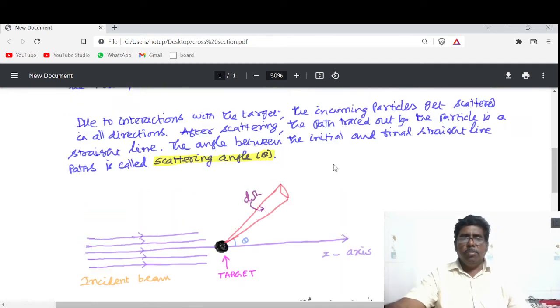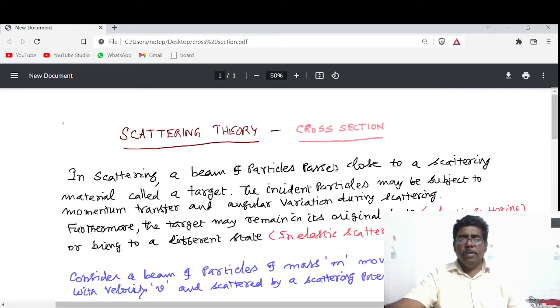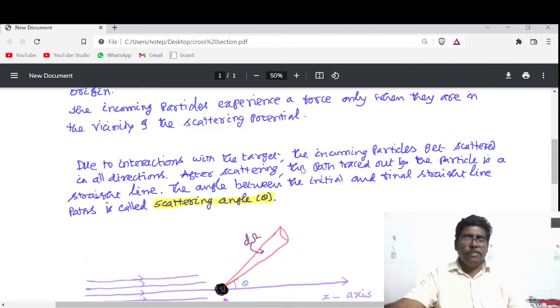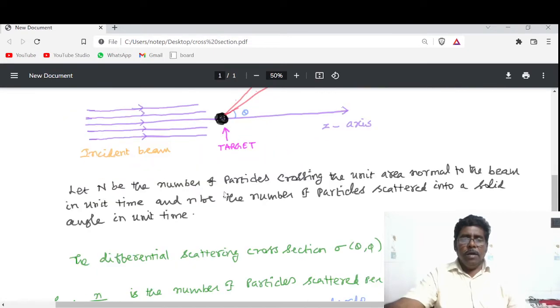To understand more about the term scattering cross section, we should consider a number of particles crossing unit area normal to the beam in unit time, and among the capital N number of particles, small n be the number of particles scattered into a solid angle in unit time.